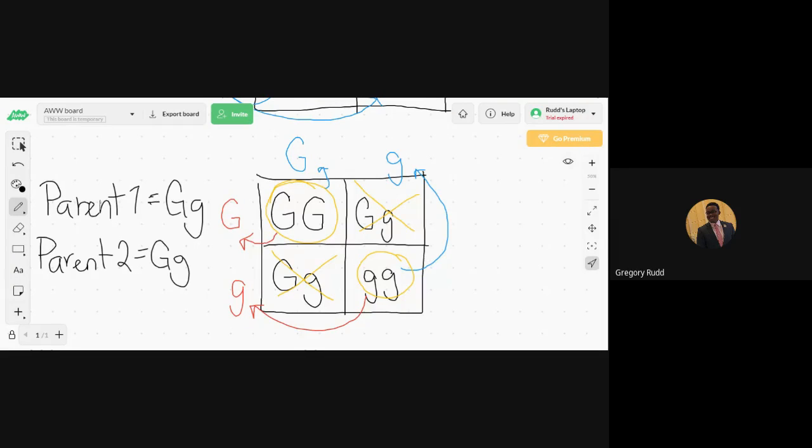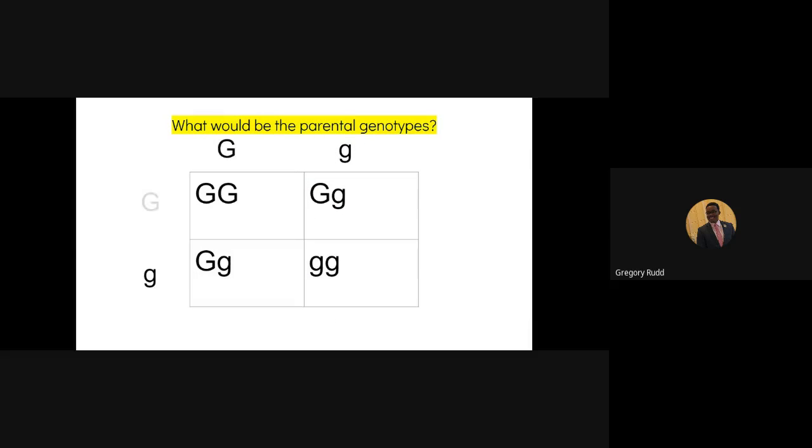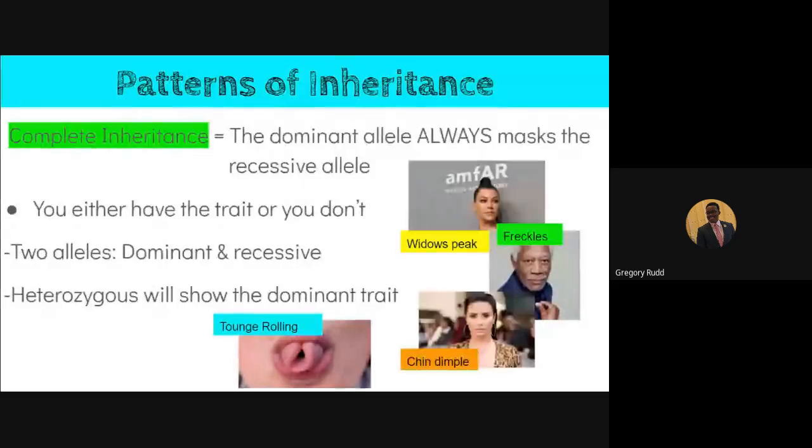So if you know what's inside of the Punnett square, then you should also be able to figure out what's on the outside. This is going to take more practice, but we'll get there.